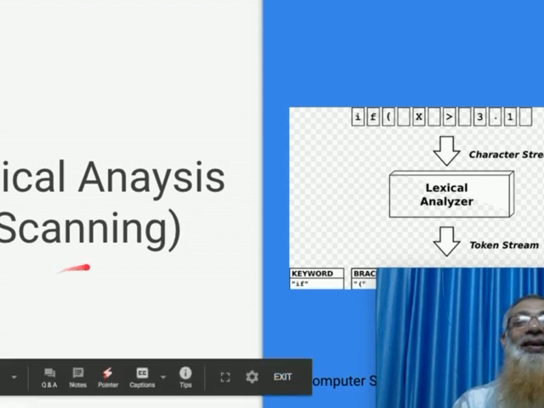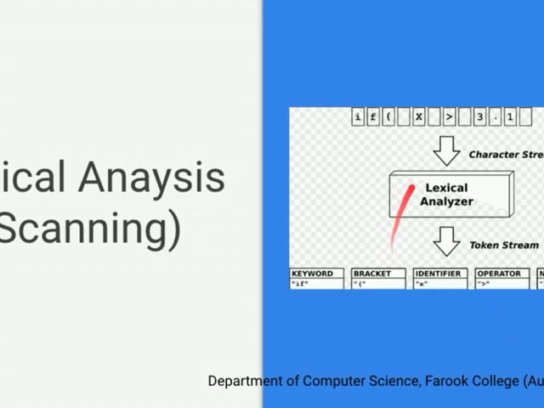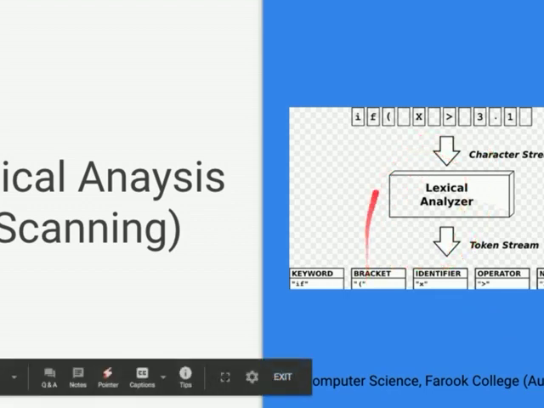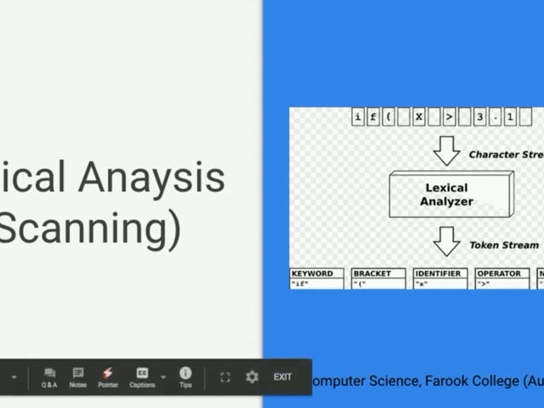Now let us take a quick, brisk view of what's happening in lexical analysis. As you can see here, this is a diagram representing a lexical analyzer. Input is the program as such, called a character stream, and output, you can see, is a set of tokens. Let us see what's happening here.